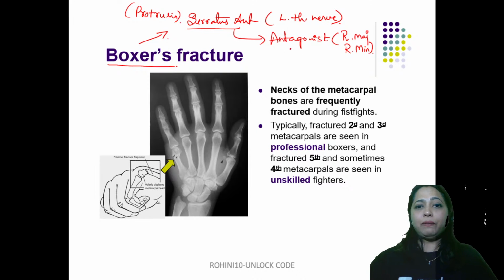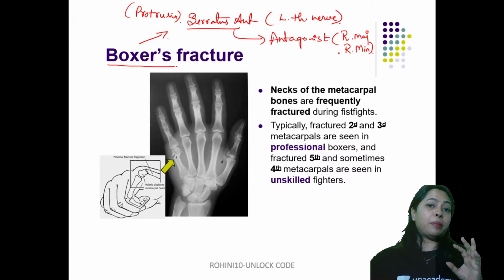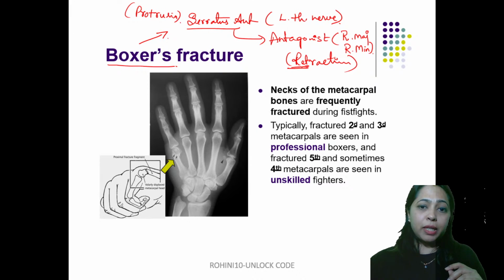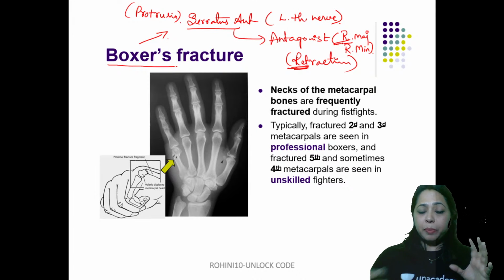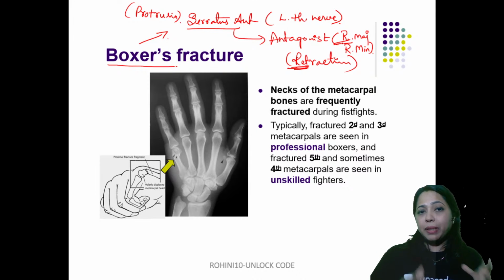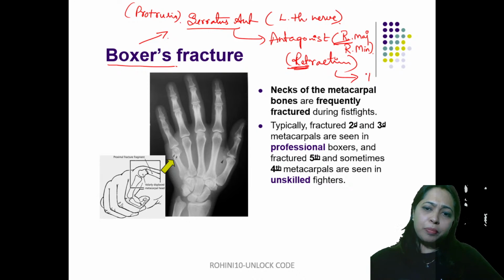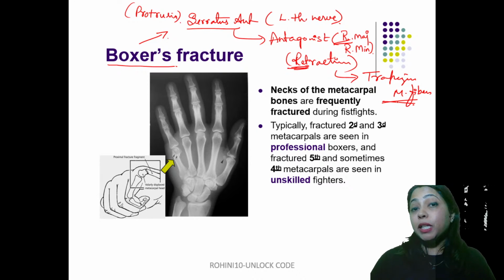And here we have the rhomboid major and minor. They do the retraction of the scapula. Retraction of the scapula is done by the rhomboids. Remember the R of rhomboid, the R of retraction. And this is also helped by the trapezius, middle fibers. It has upper, middle, and lower fibers, so the middle fibers also help in retraction.